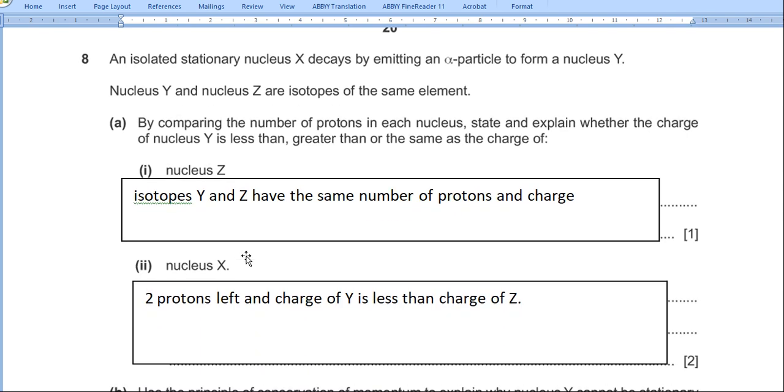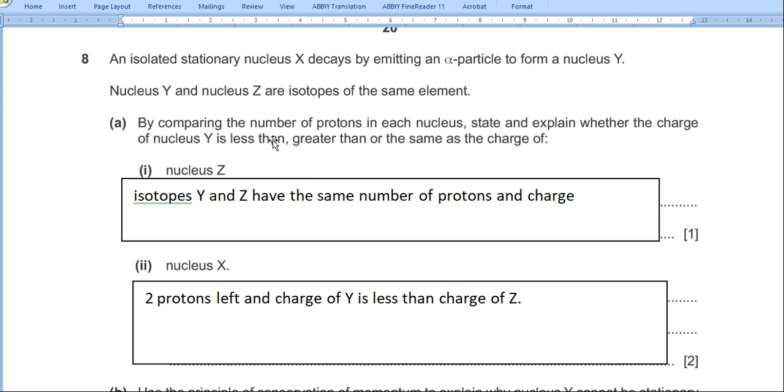Last question. An isolated stationary nucleus X decays by emitting alpha particle to form a nucleus Y. Nucleus Y and nucleus Z are isotopes of the same element.